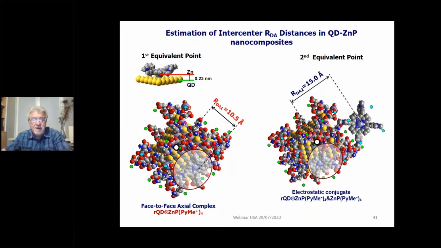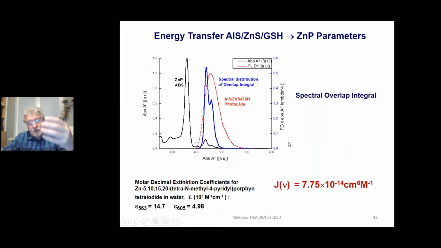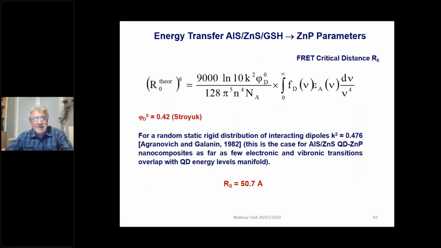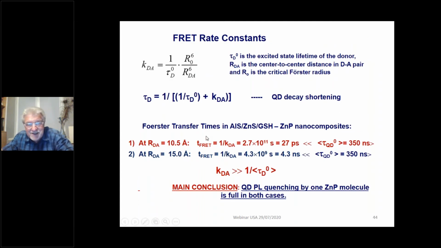Here I present all these results, and after that we could calculate the overlap integral, then estimate the critical distance of energy transfer, and finally we calculated the Förster transfer times in this case. And now we understood why we observe the strong quenching of photoluminescence intensity without changes of photoluminescence decay.